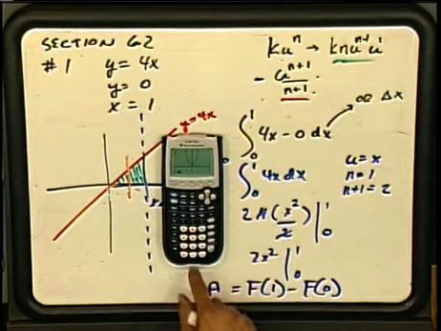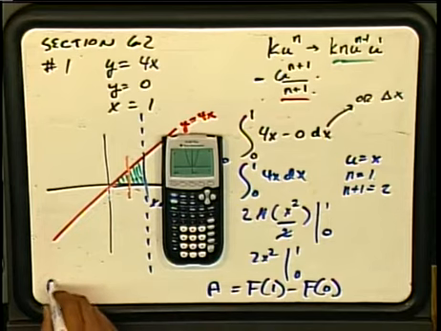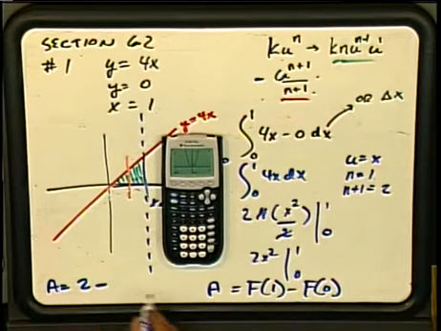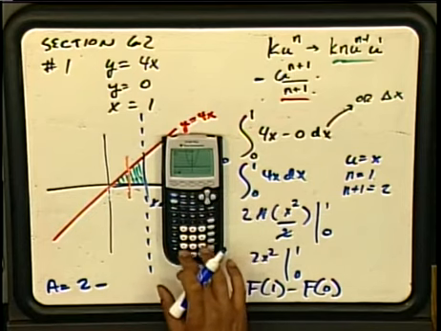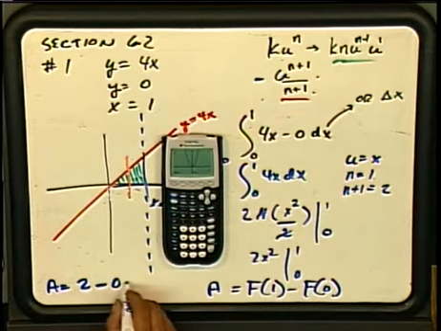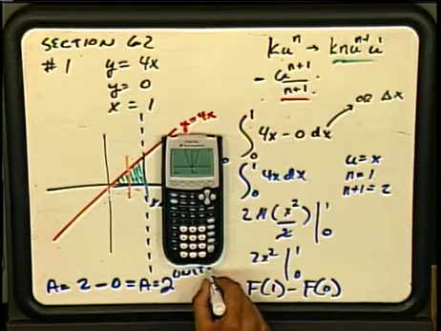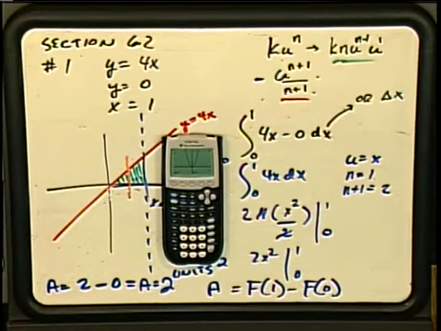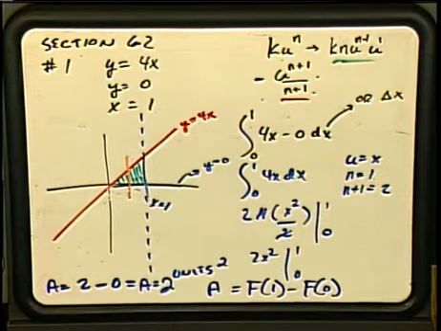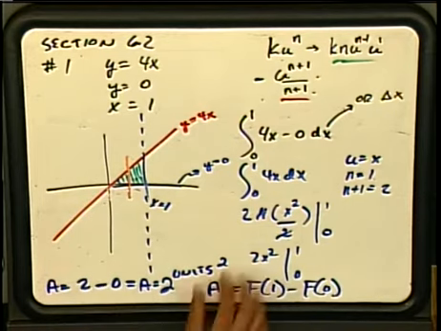Plug 1 in: 2 minus 0. Area equals 2 units squared. For this section of 6.2, I'll do one more with the horizontal test.